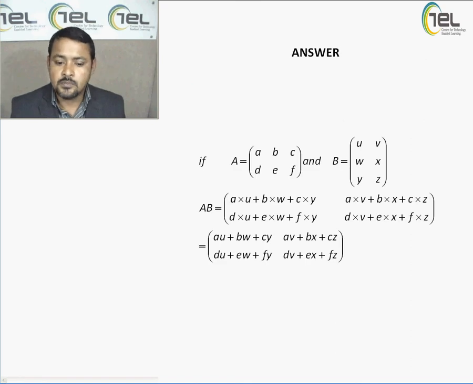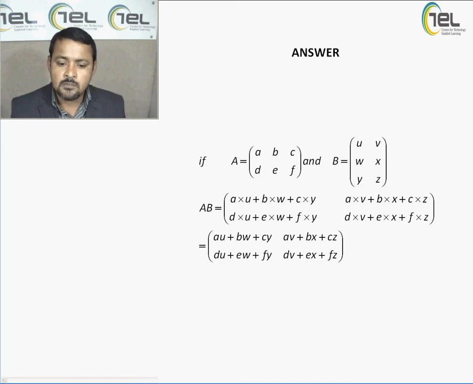We take A and B. The resultant will have the number of rows of the first and the number of columns of the second, so it will be a 2 into 2 matrix, with 2 rows and 2 columns in the new product matrix.